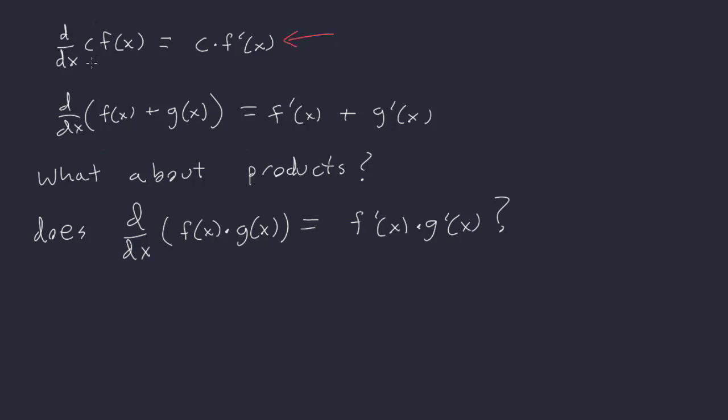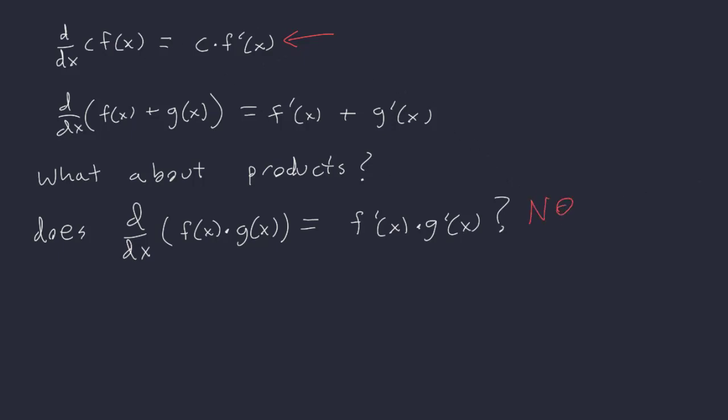We can see it right here. We have the derivative of a constant times f is that same constant times f prime. Now, if the derivative of a product was the product of the derivatives, this could not be true.